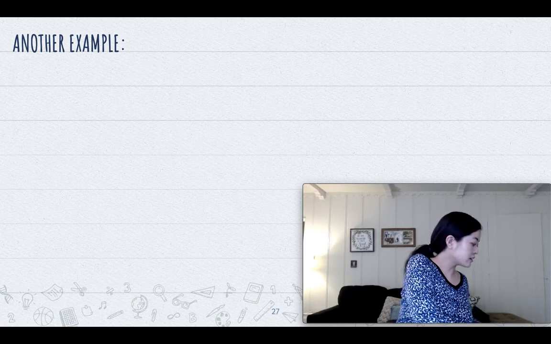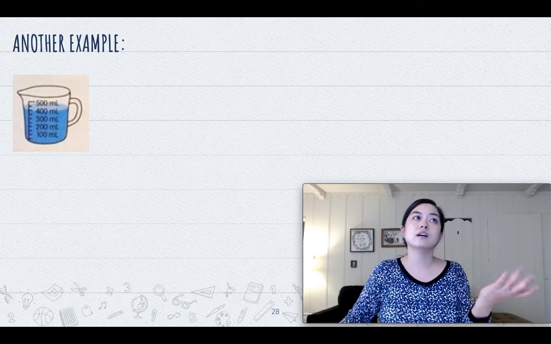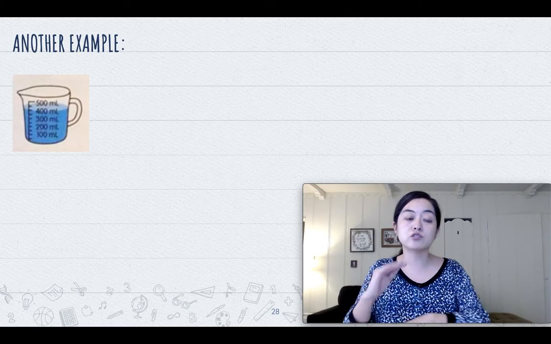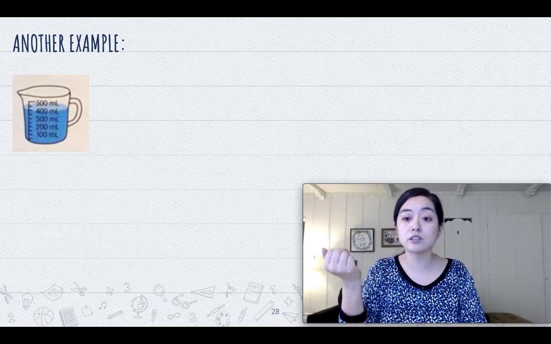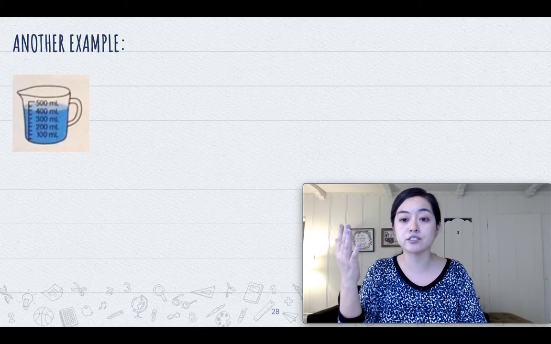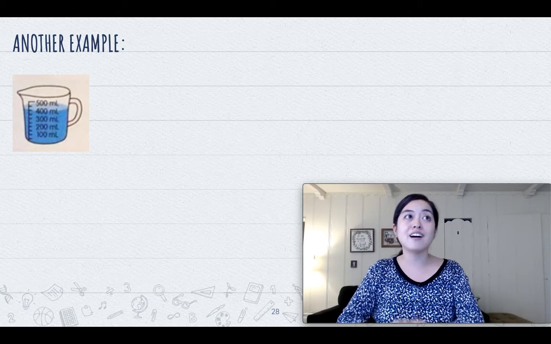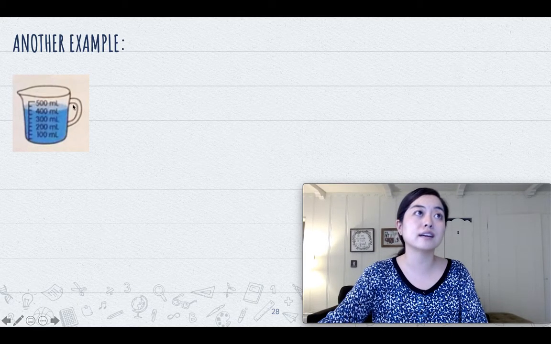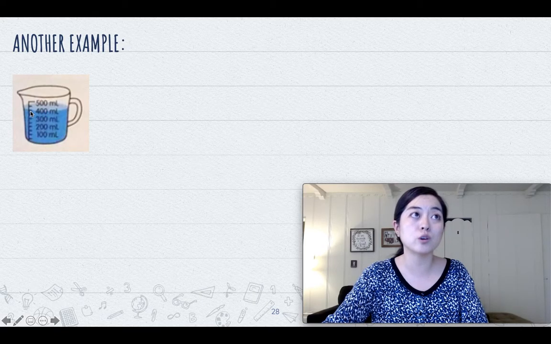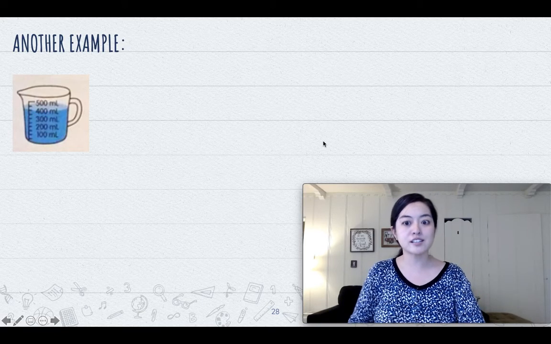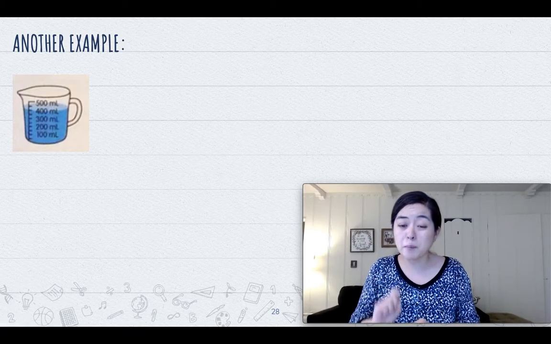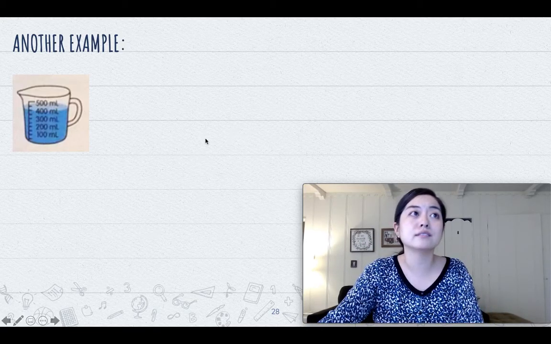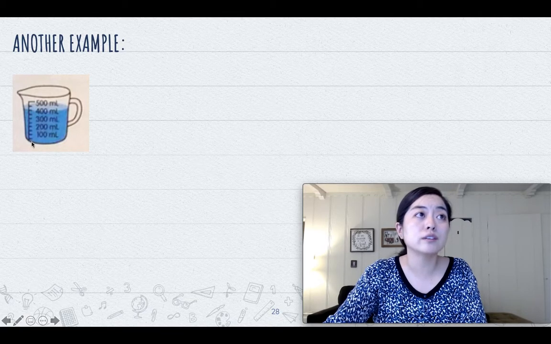All right, let's look at another example. So this measuring cup goes from 0 all the way to 500 milliliters. The capacity is 500 milliliters. The volume of this water is 400 milliliters because I see that the water is filled up all the way to the 400 milliliter line. My question now is, how much is one marking? Let's count. From the bottom of the measuring cup is 0.